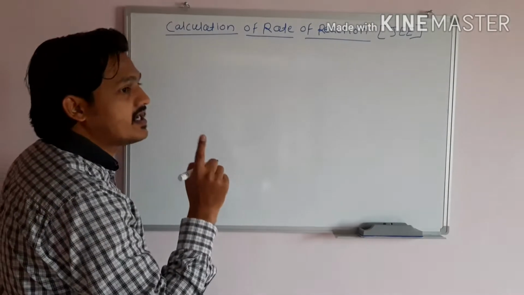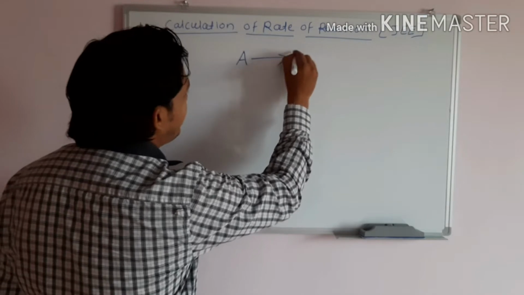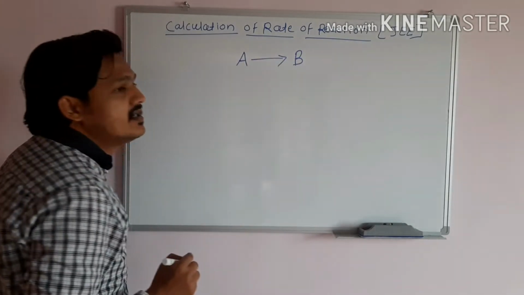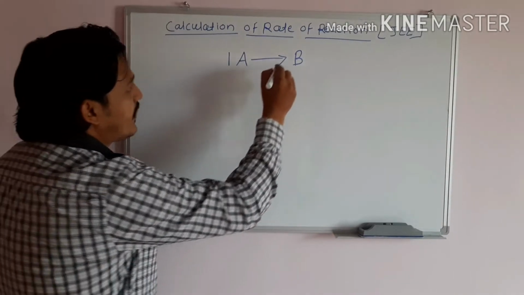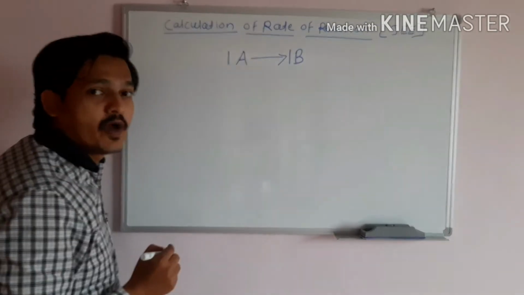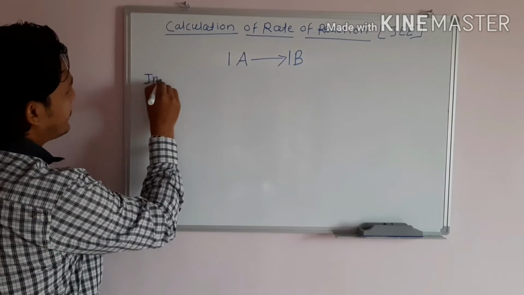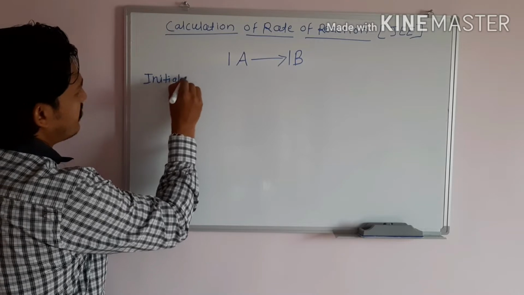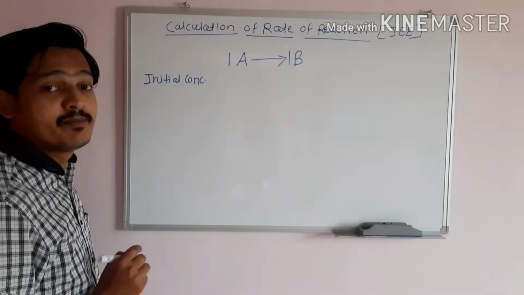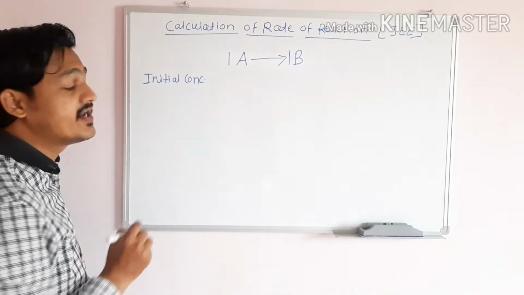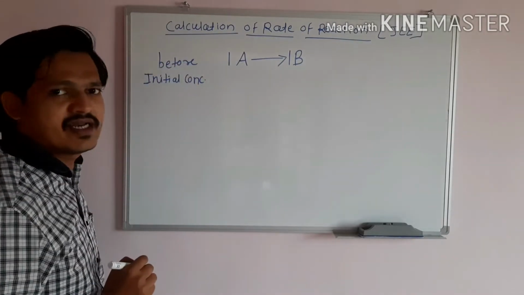So I am taking one reaction, that is reactant A is converted into product B. The stoichiometric coefficient of reactant A is 1 and product B is also 1. Then the initial concentration means before the starting of the chemical reaction.